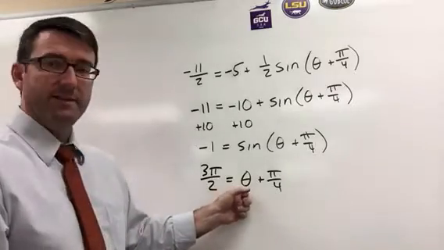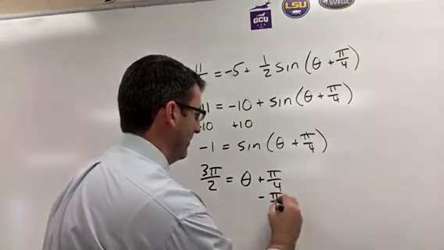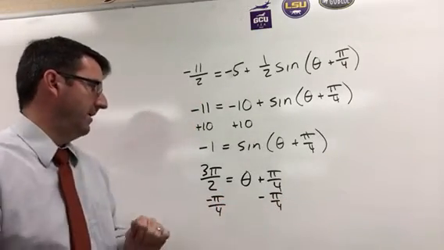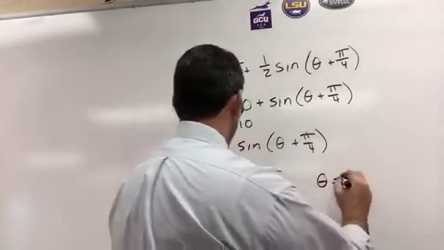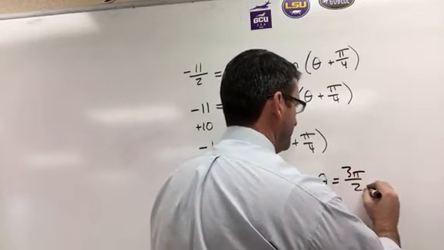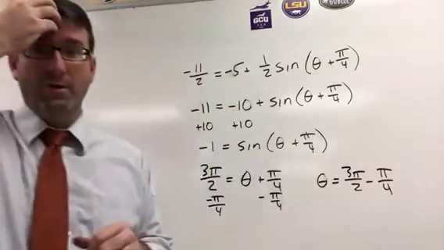All right, and so now to get theta by itself, we need to subtract pi over 4 from both sides. So let me do this over here. So we get theta equals 3 pi over 2 minus pi over 4.